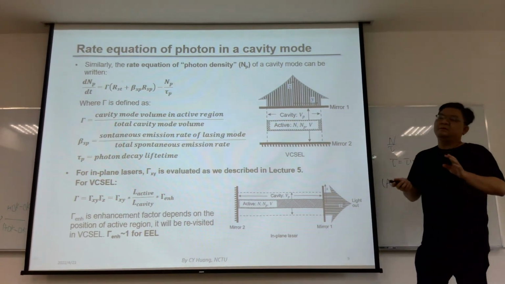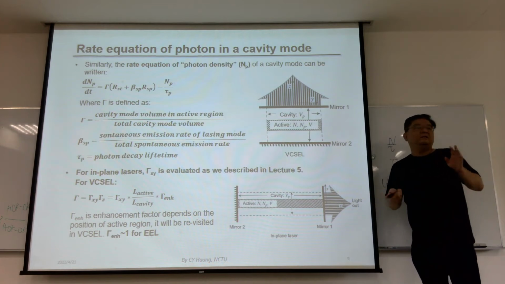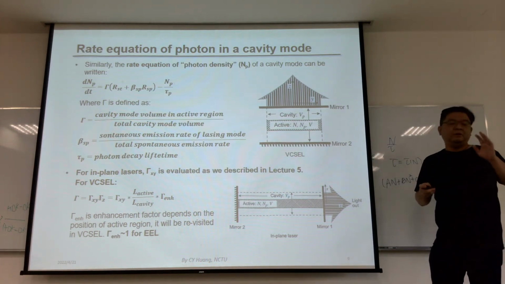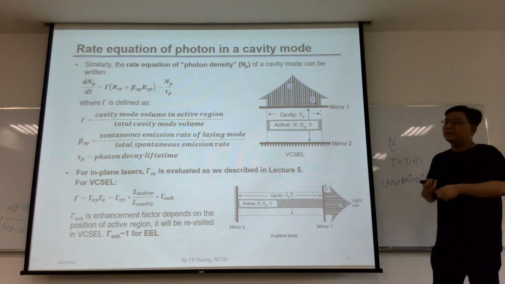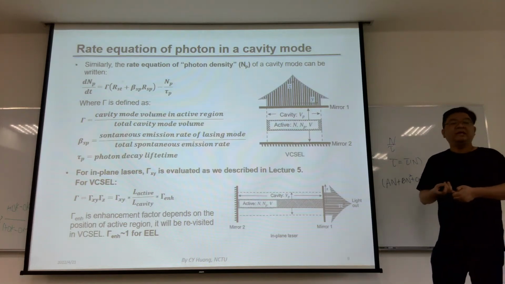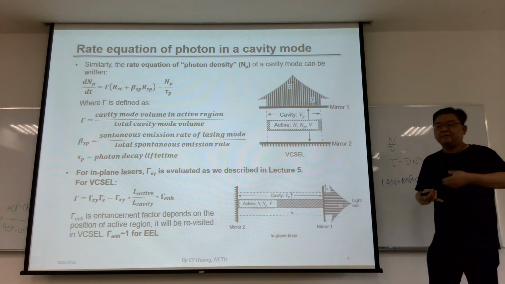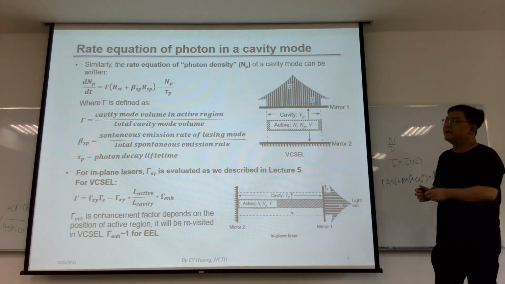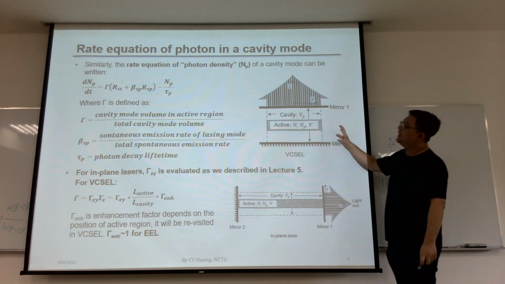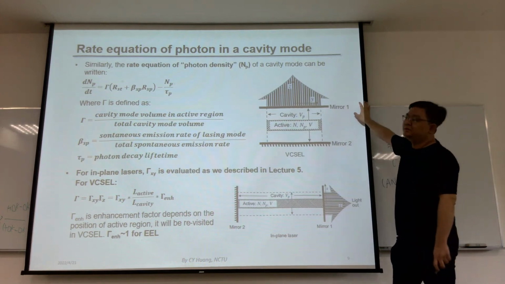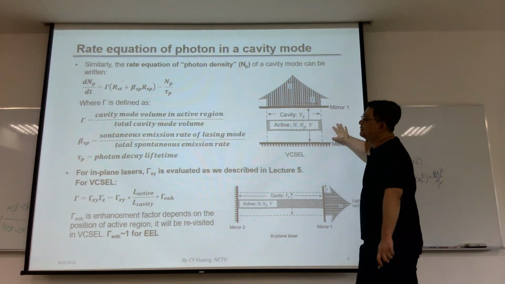But for a laser, the optical gain needs to be considered, and this happens when the carrier density is high. As you calculated in your homework 3, I assume you really tried to calculate that. I believe you did, or the midterm will be very difficult for all of you.